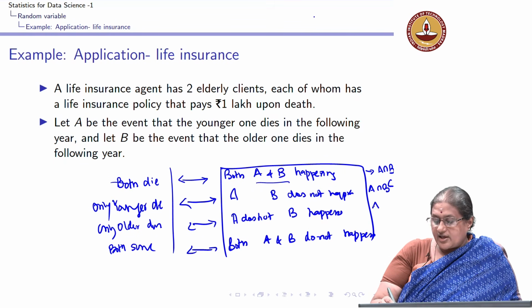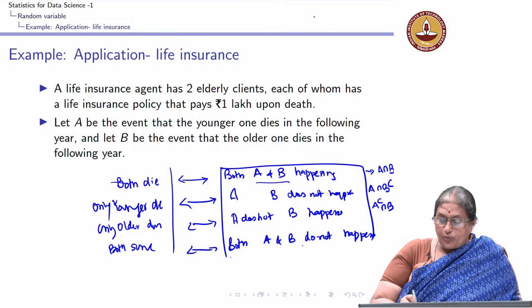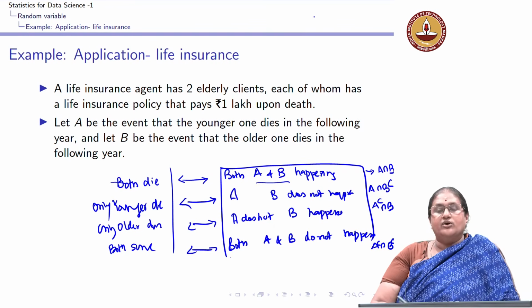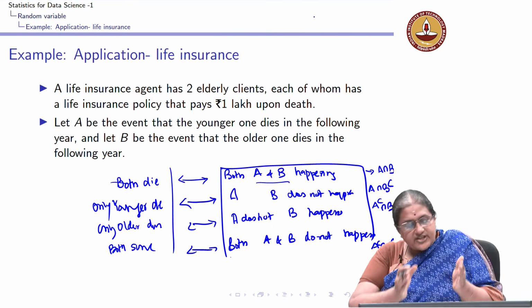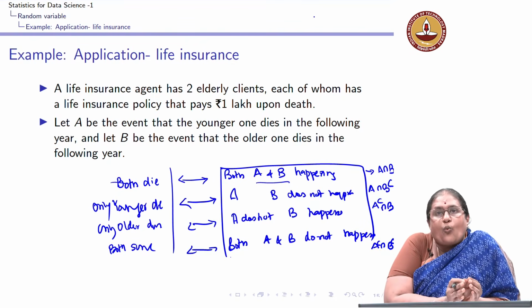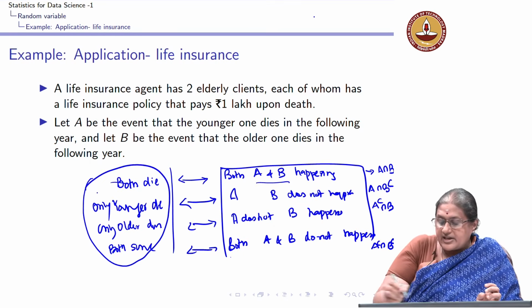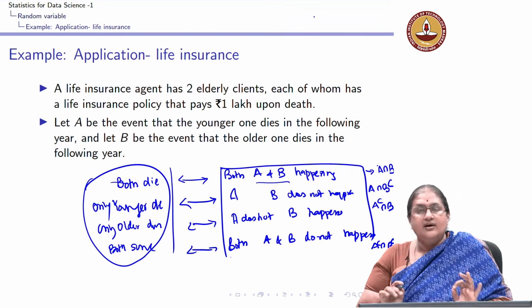A does not happen, A complement, but B happens: A complement intersection B. Both A and B do not die: A complement intersection B complement. So in terms of events, we can translate whatever we express in plain English into the mathematical abstraction.